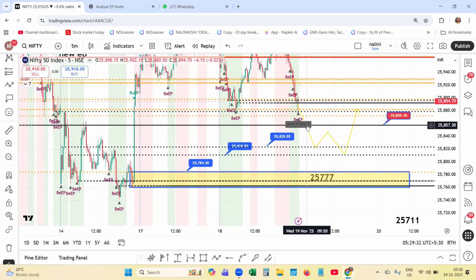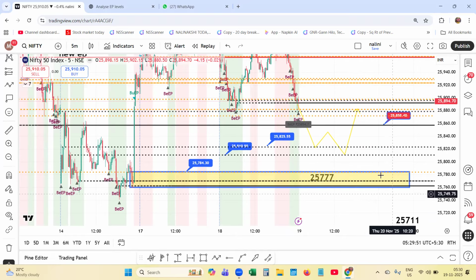If the market starts piercing through on an intraday basis, these are the two immediate levels you can watch for. That is 25,820 to 25,800.